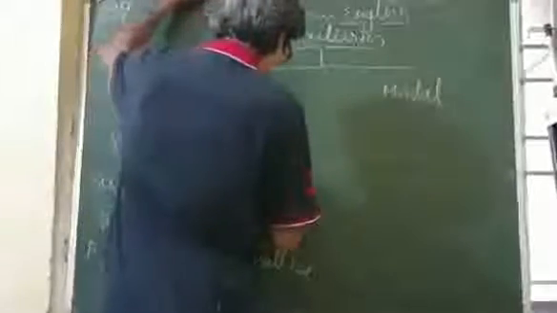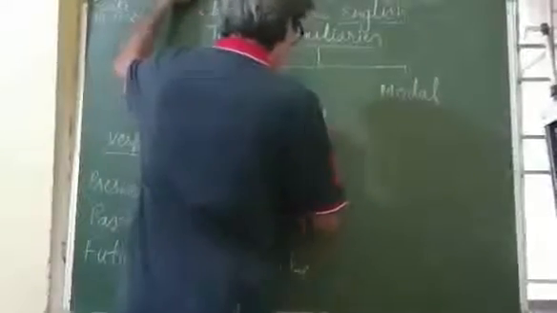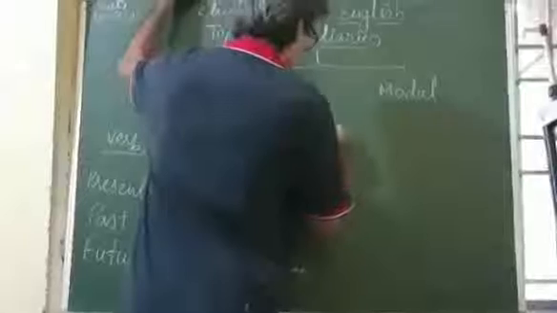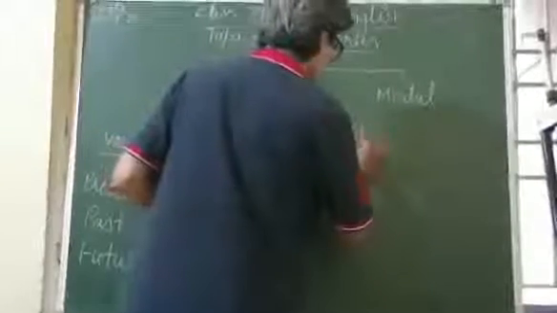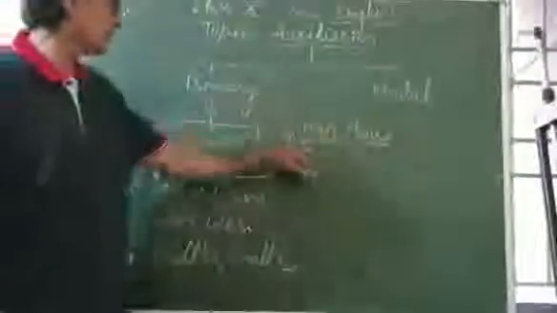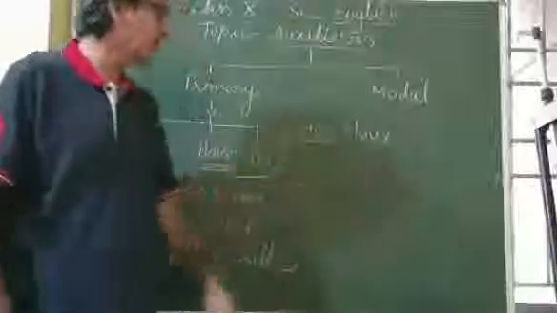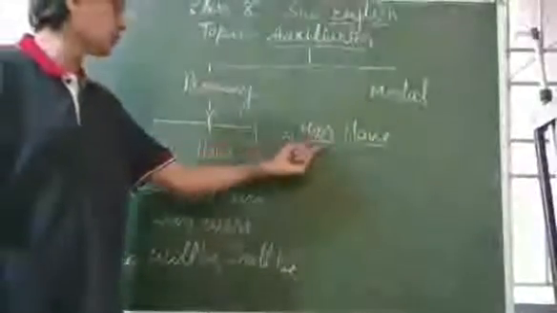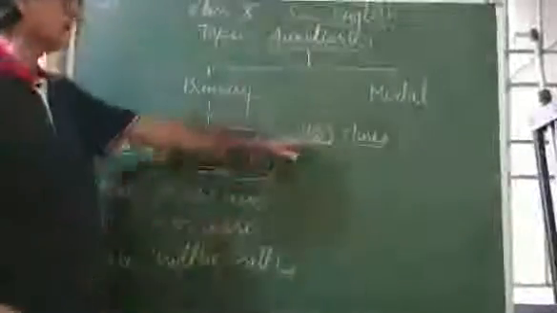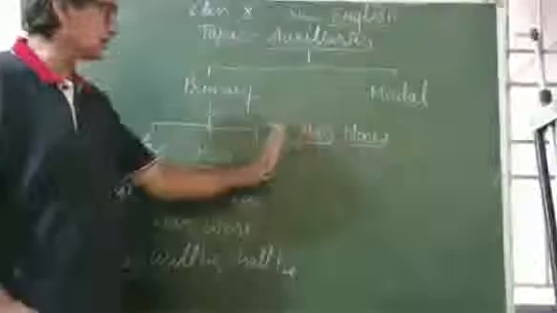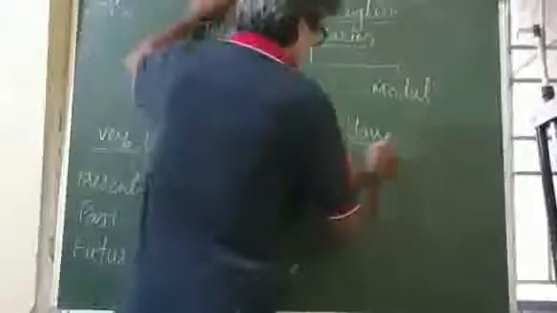And the forms of have for present are has and have. Has is for a singular subject and have is for a plural subject. They go with the present tense.